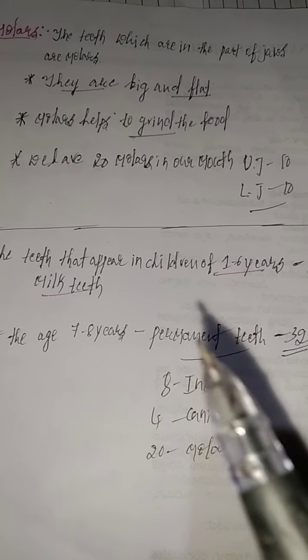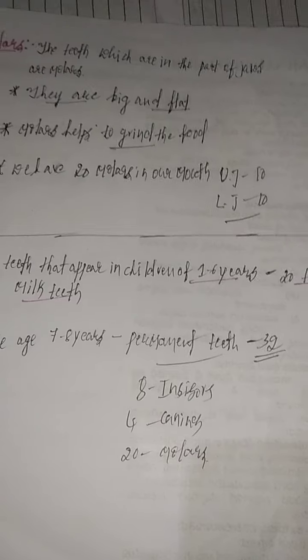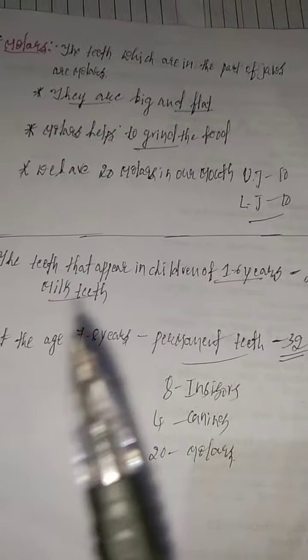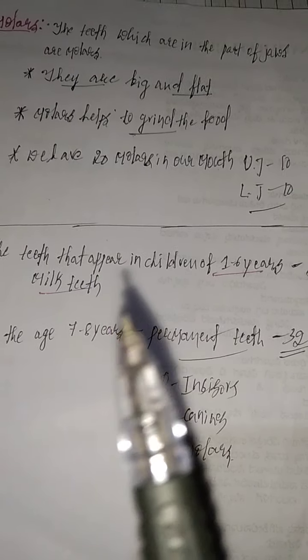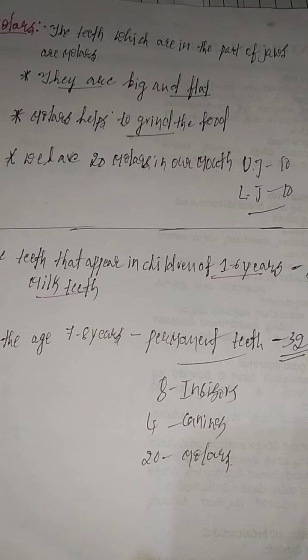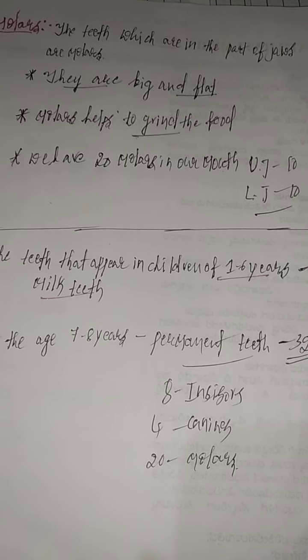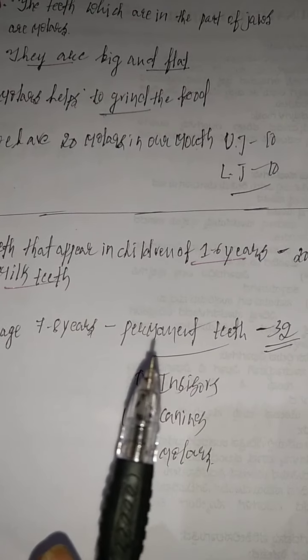The teeth that appear in children of 1 to 6 years, 20 teeth, are called milk teeth. They start falling around the age of 7 to 8 years.